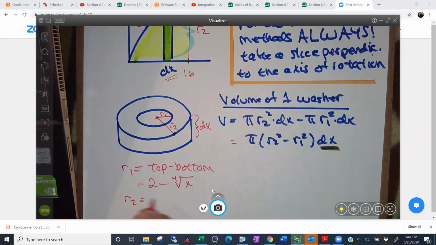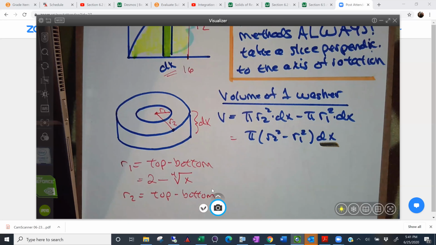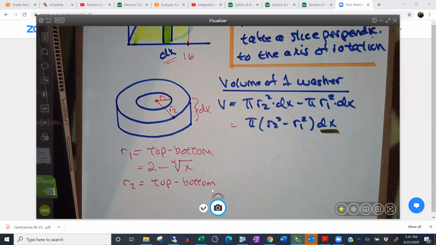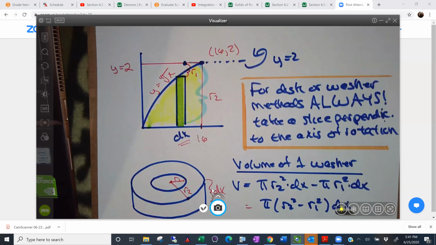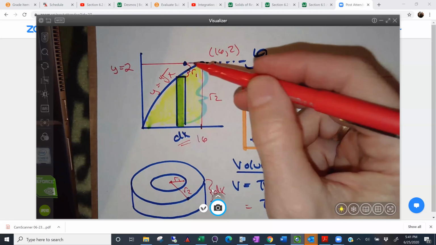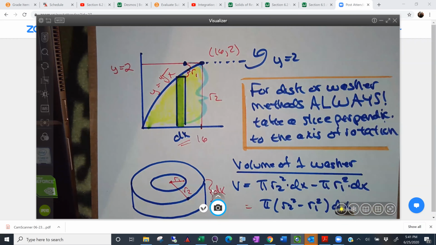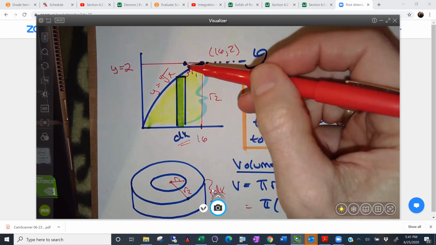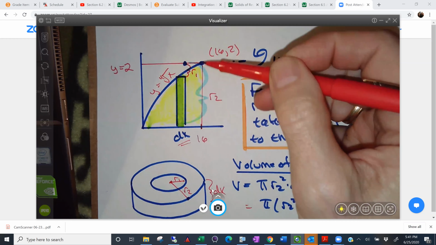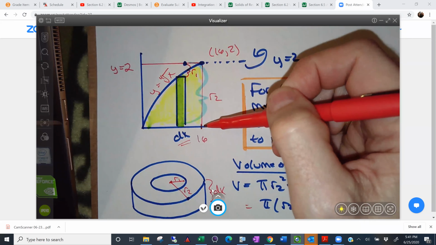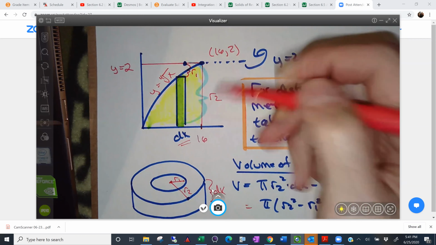Let's try that again. And again, I want top minus bottom. So let me go back here. The top, well, again, that's 2. But what's the height at the bottom? It's all the way down here at the bottom. 0.